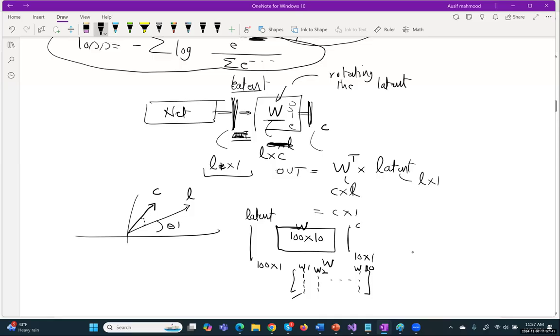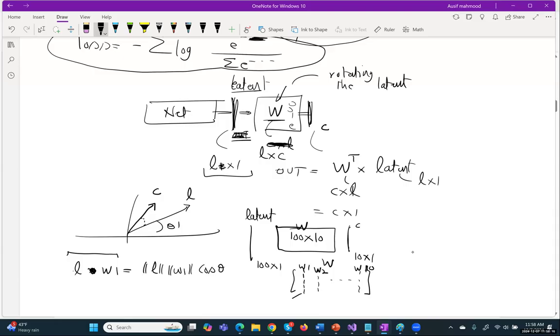Each one of these is a vector, right? So take a look over here. If I multiply L by W1, I do the inner product. As we discussed, the inner product between two vectors is the magnitude of L, magnitude of W1, times cosine theta.